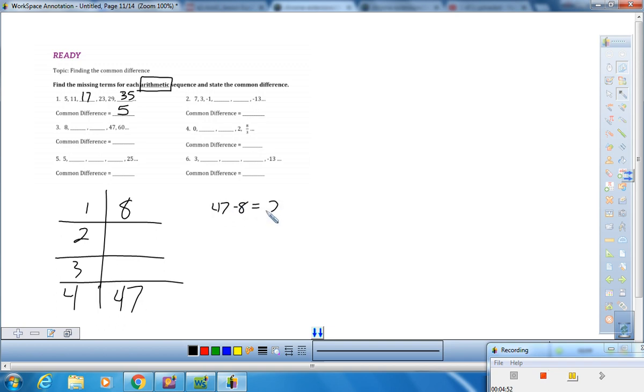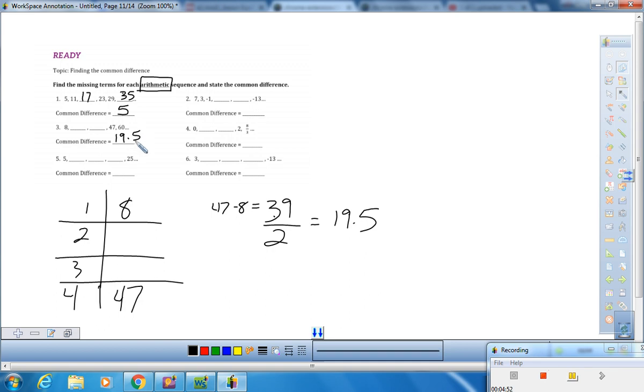Well, what did we do? We added 29. Is that right? No, we added 39. So, if we added 39 to skip 2 spots, we need to divide that by 2, and that's going to be 19.5. That's going to be my guess for this one.